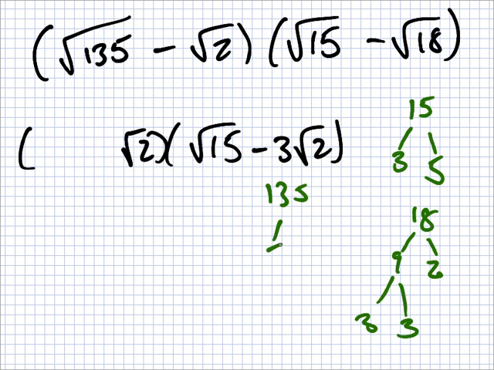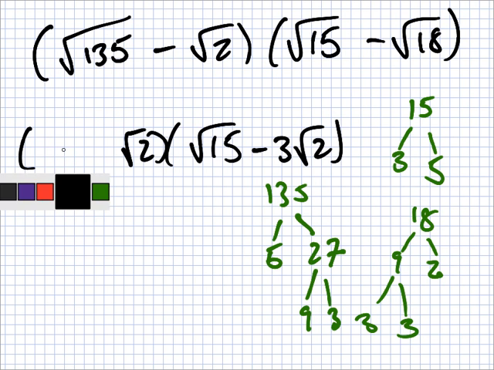It's 5 and 27, yeah, 27. Which is 9 and 3. So I can change this into 3 root 15.